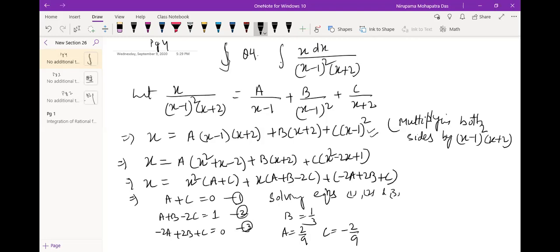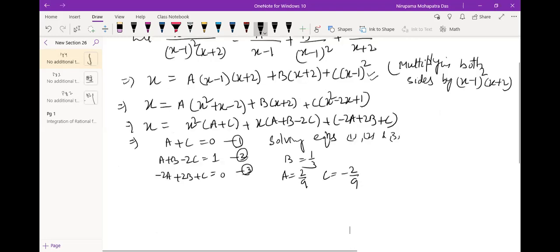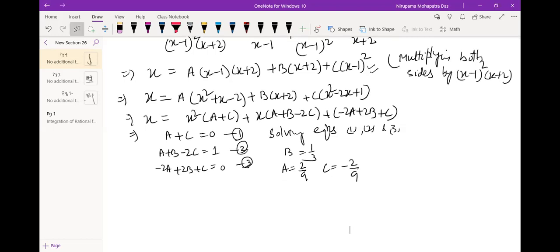Okay, so we have like this. After getting the solution, you can solve it the way you solve linear equations in 3 variables, but it's time taking. So for that reason, you can just know the shortcut method, not a very official method. You substitute x in this expression, not in the original rational function, because there you cannot take x equal to 1 or x equal to minus 2.